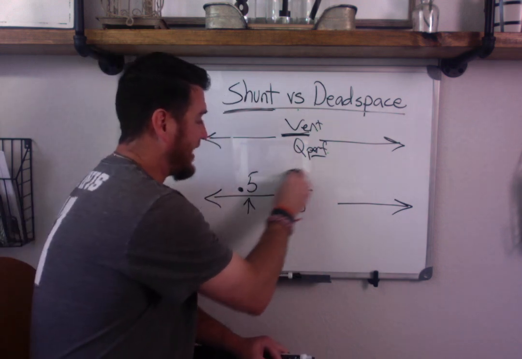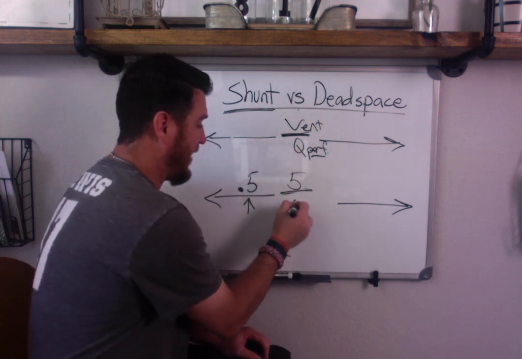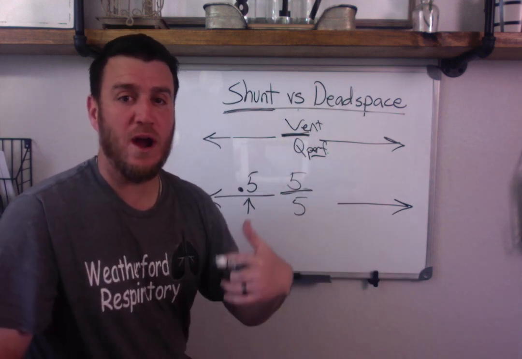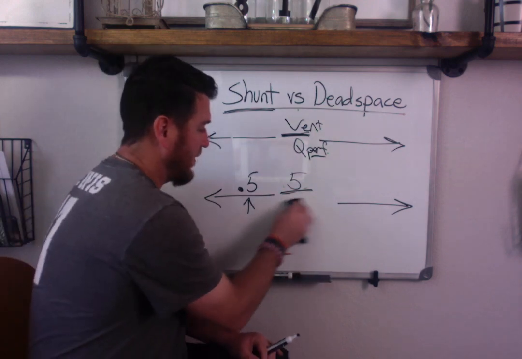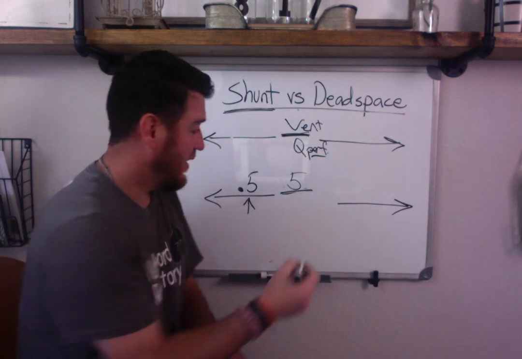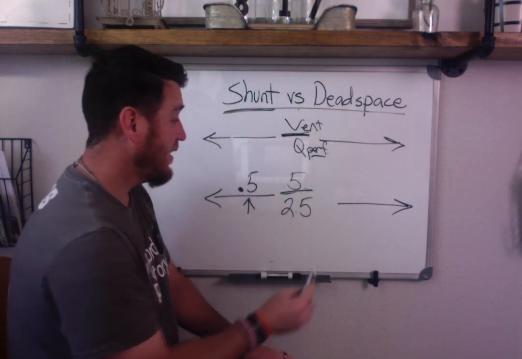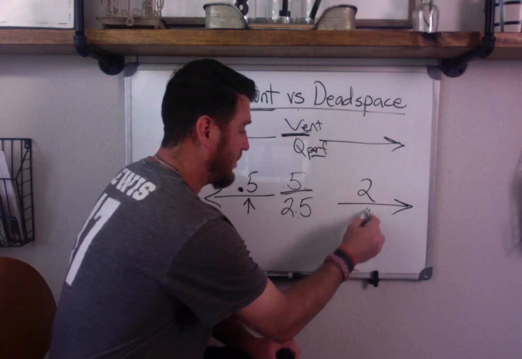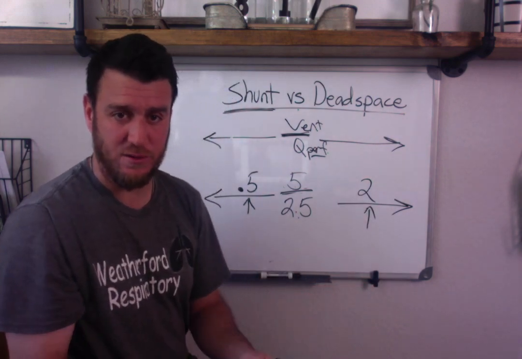Now, the exact opposite is true also. If we start at 5/5, but we have an area where perfusion becomes blocked, such as pulmonary embolism, and this decreases to 2.5, then 5 divided by 2.5 is 2. That's an increase in VQ ratio.